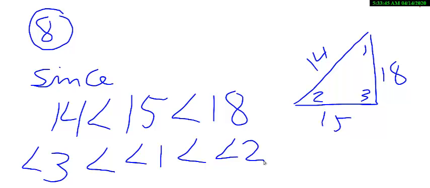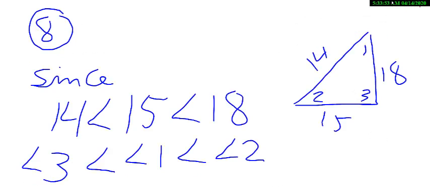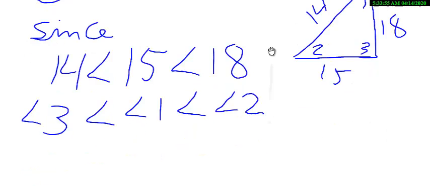That means the second largest angle is gonna be angle number 1, and when matching with the multiple choice, this is number B. So the answer for question number 8 is B.